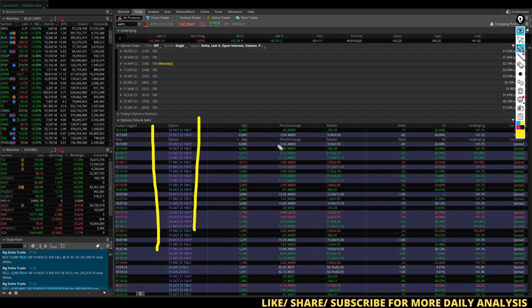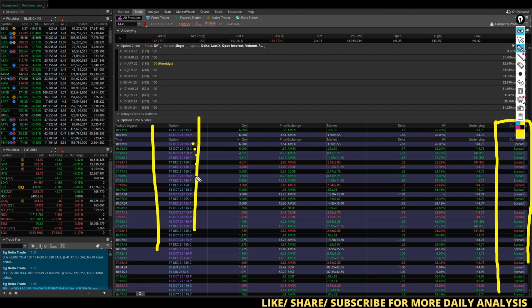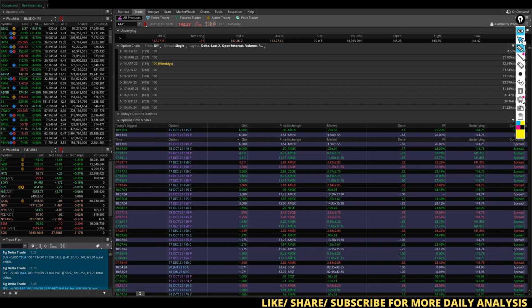Biggest orders, thousands of orders, they're all spreads, all of them playing both sides. 145 call, 145 put, 150 put, 150 call, 155 call, 155 put. I can't tell by looking at these orders whether this is bullish or bearish, so to me it's pretty complicated.